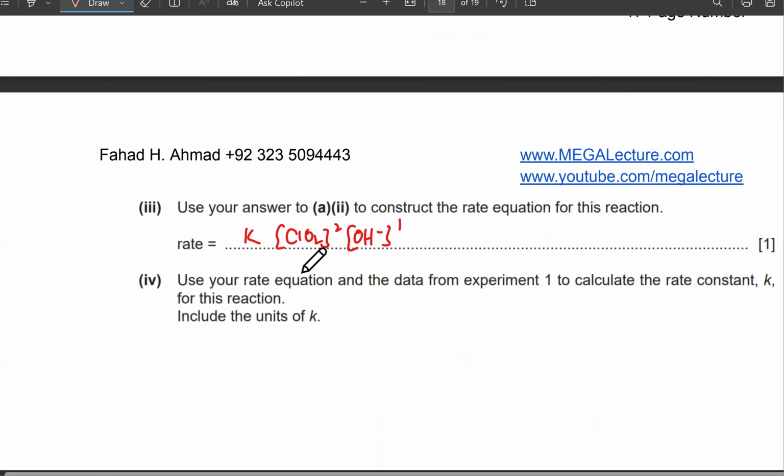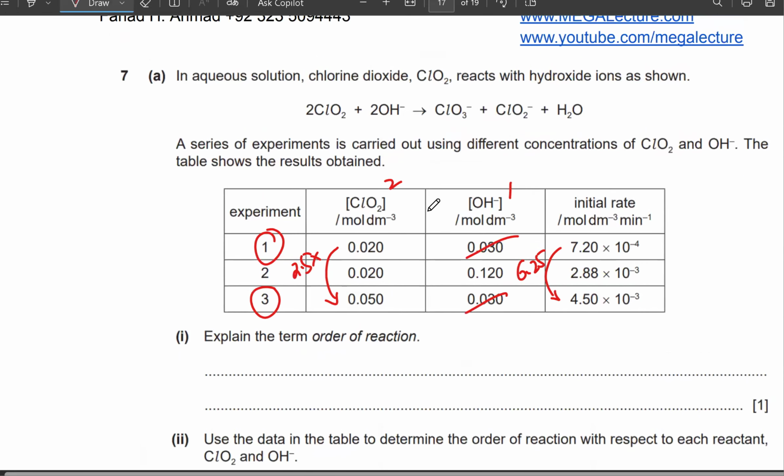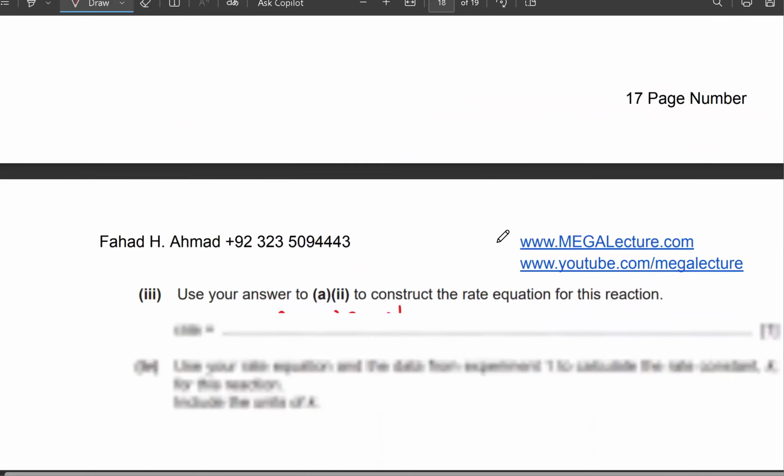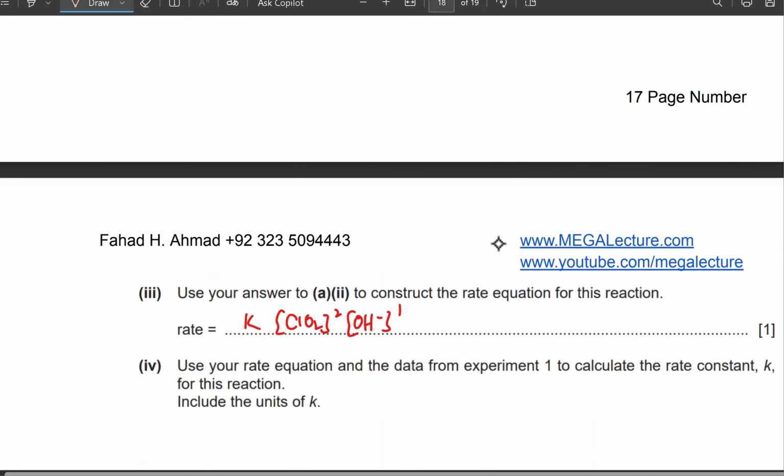He says data from experiment number 1. So what you can do is plug in any of these values, so we'll plug in the first experiment values. It's 0.02 and 0.03, I think. So 0.02 squared times 0.03, that's power 1.